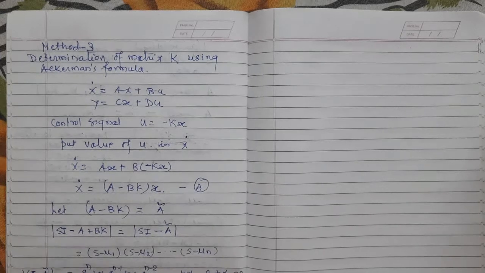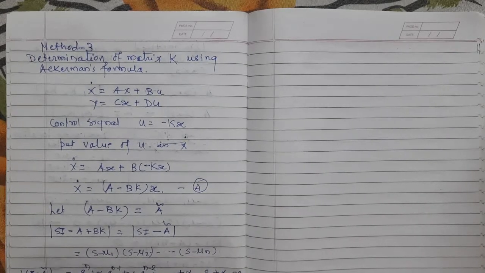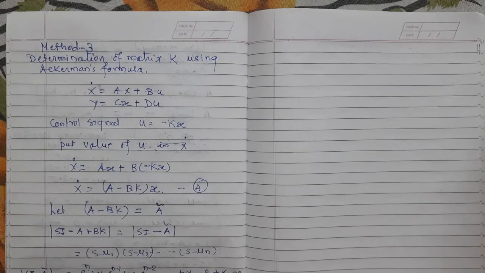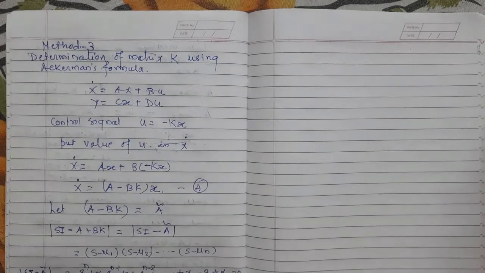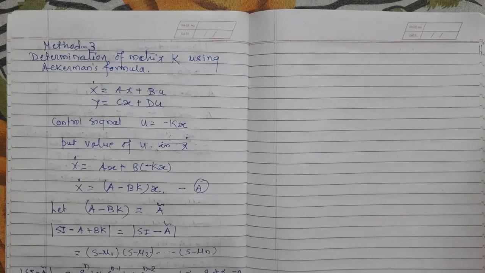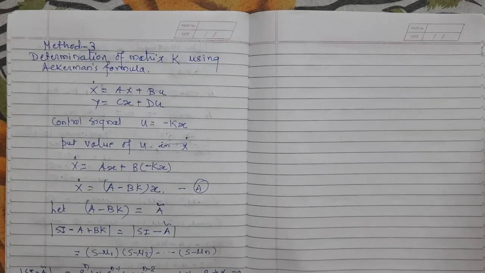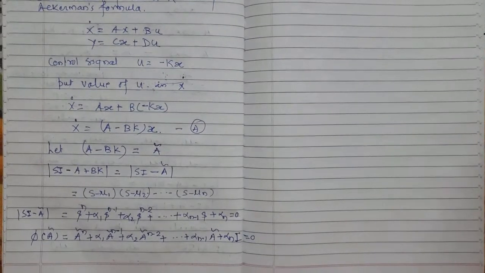So instead of s we will put A bar: A bar raised to n plus alpha 1 A bar raised to n minus 1 plus alpha 2 A bar raised to n minus 2 plus alpha n minus 1 A bar plus alpha n, and here we will multiply by I, equal to 0.